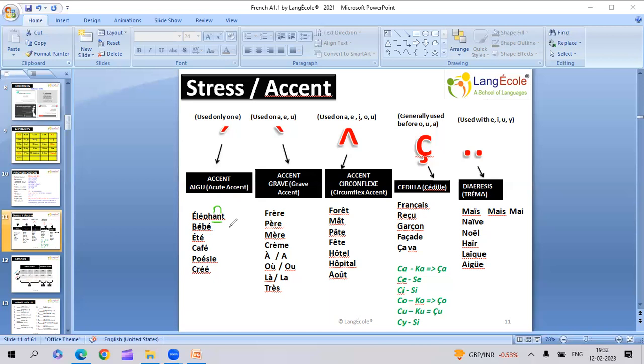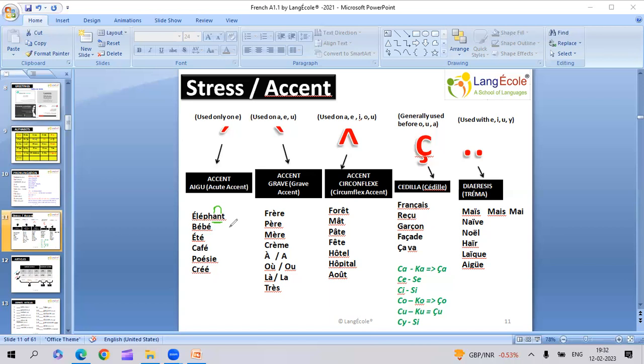Not all words with E at the end in French are feminine, but 60, 70, or 80% will be. For masculine and feminine, we will learn in the next class how you can recognize nouns. We'll learn those rules later on.